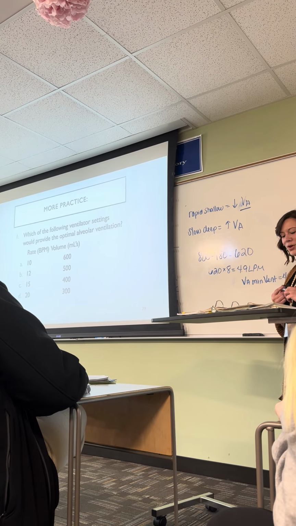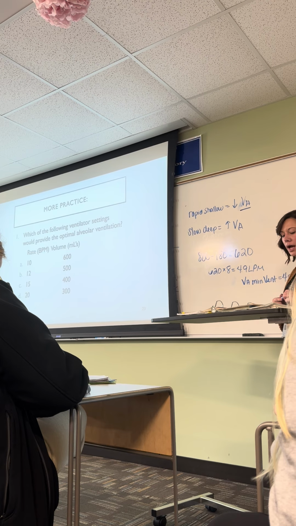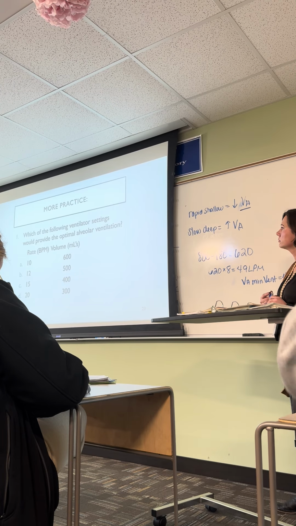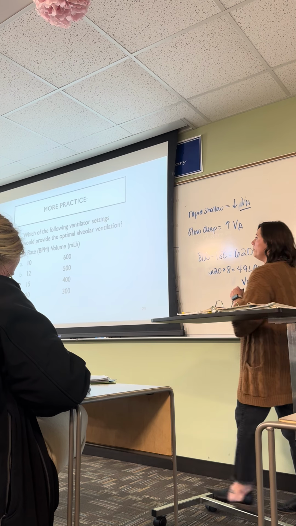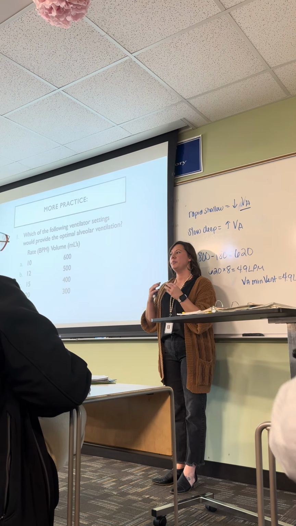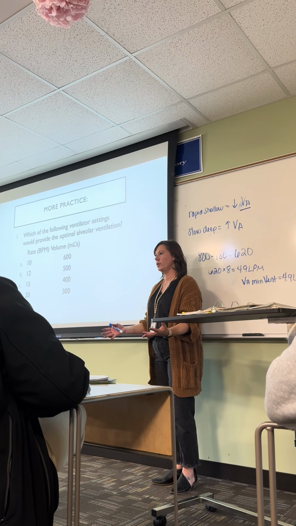Which of the following ventilator settings would provide the optimal alveolar ventilation? So how are we gonna figure that out? We really don't have any dead space. So do you remember what was the best pattern? Slow and deep, okay?